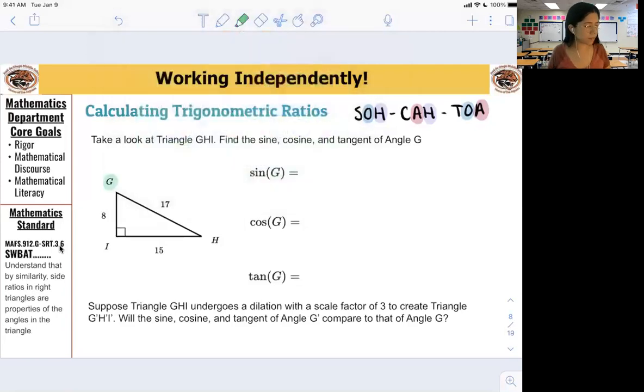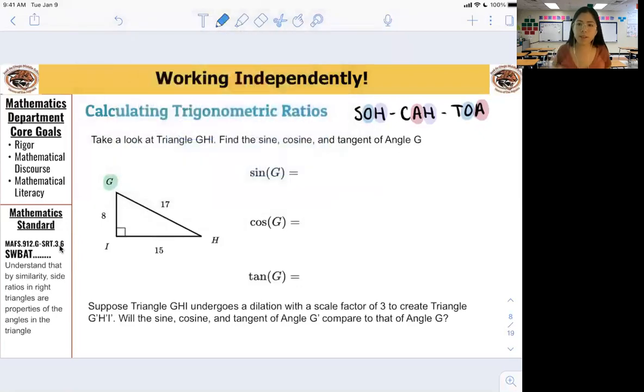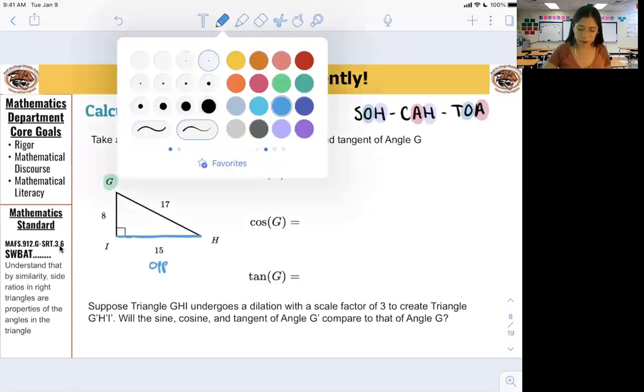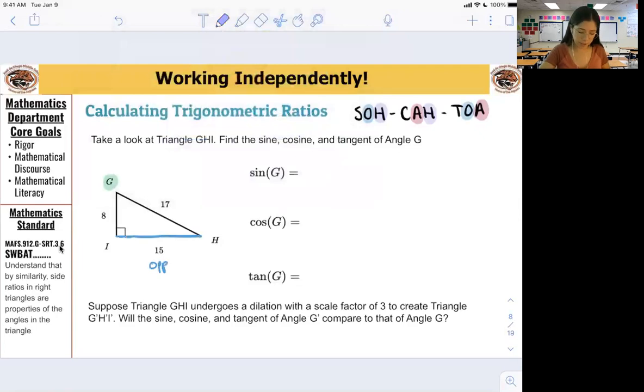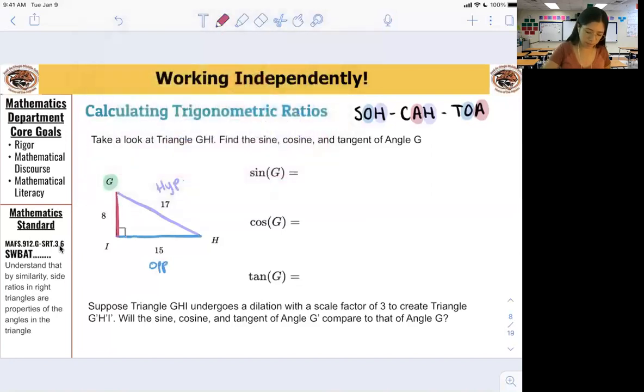All right. Which side is my opposite side? Which one's my opposite? Good, Janelle's got all three. So opposite side is 15. Hypotenuse is 17. And adjacent is my 8. Okay, perfect. So now sine.